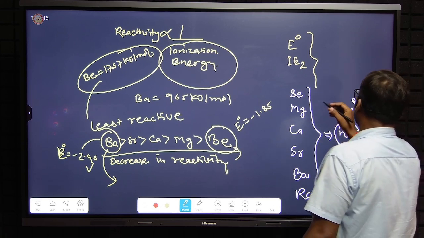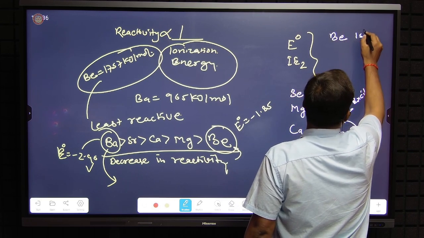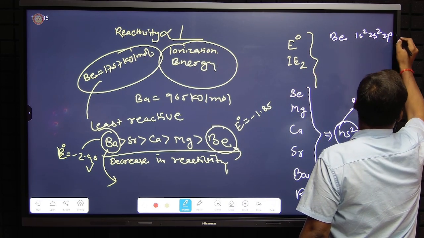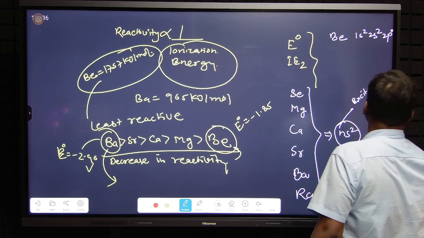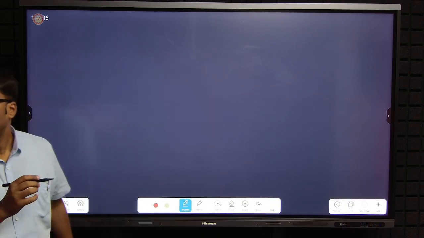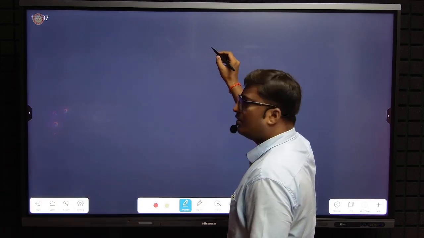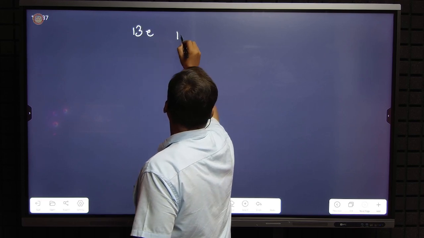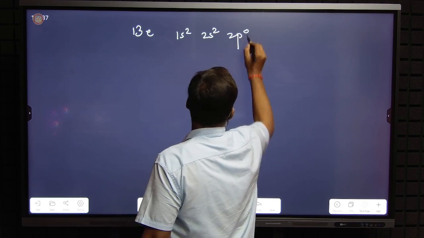Suppose the full electronic configuration of beryllium is 1s2 2s2, and here 2p is vacant, so that is 2p0.